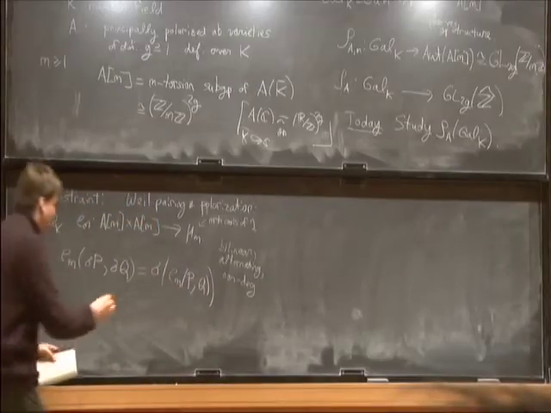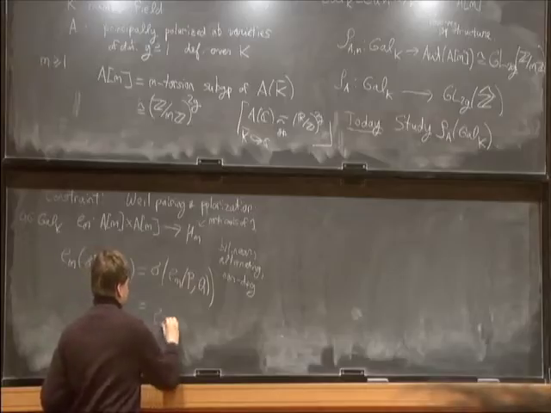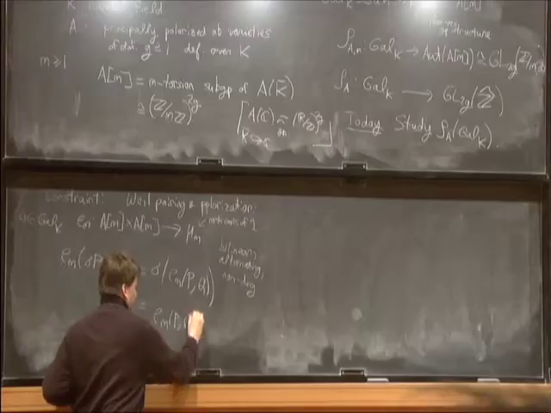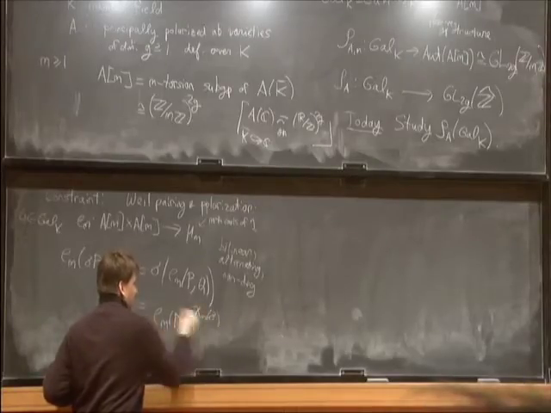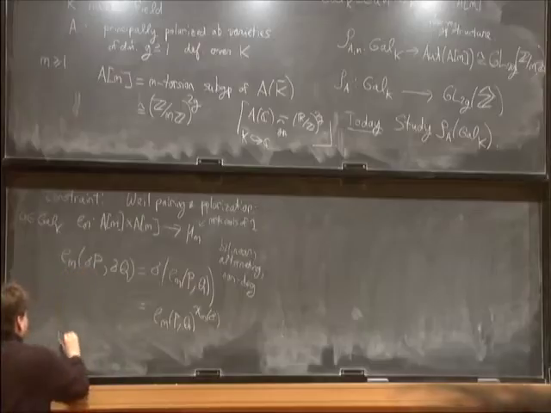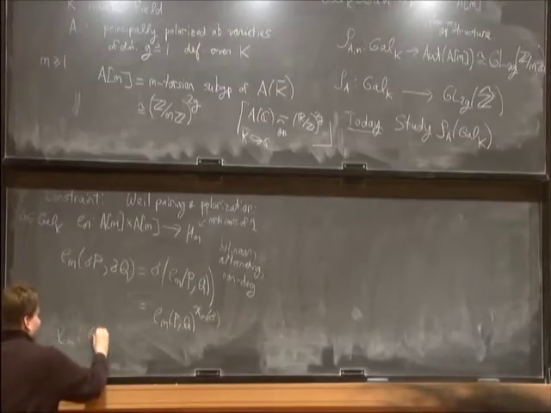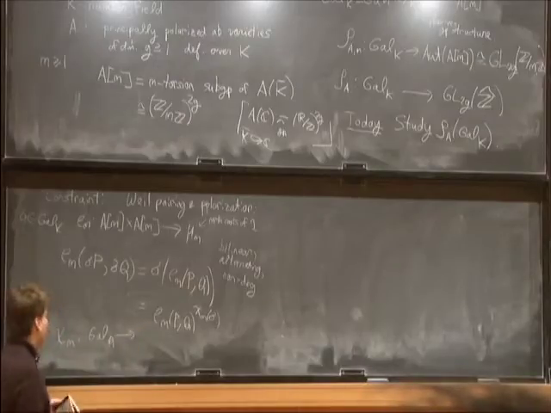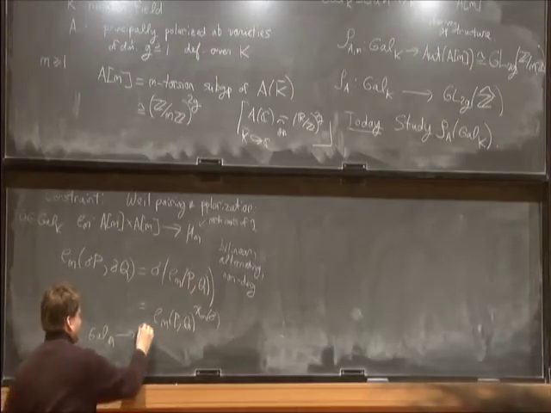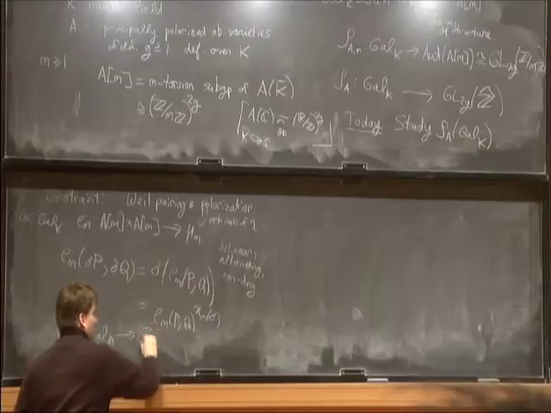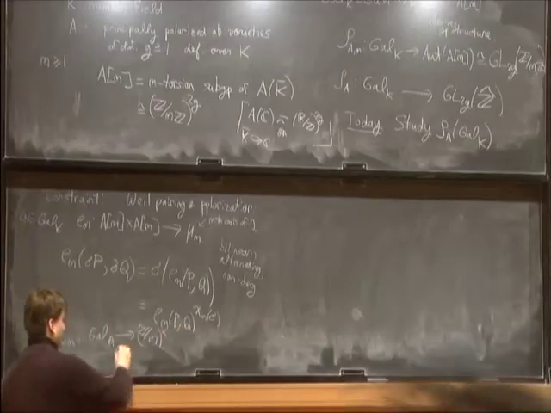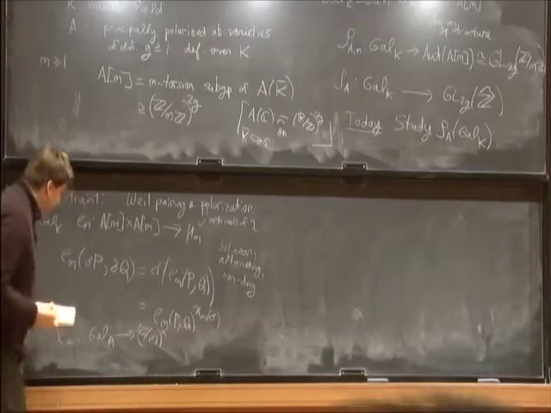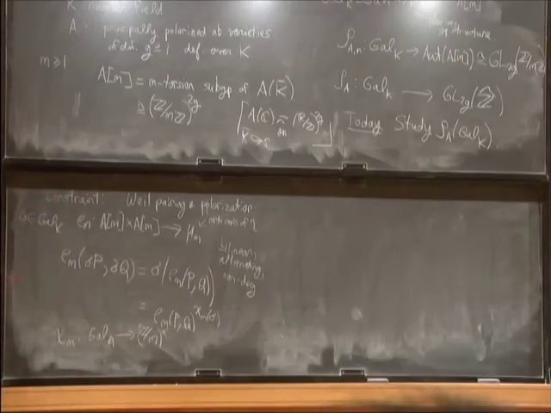And since this is a root of unity, it's going to be the same as taking this root of unity to a specific power, where this is the usual cyclotomic character for the m-th roots of unity. It describes how it acts on the m-th roots of unity.